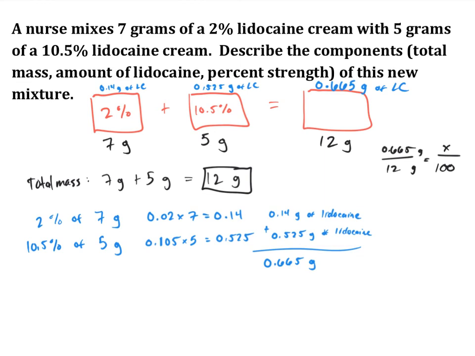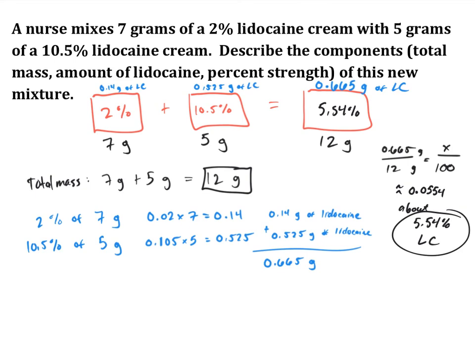So if you just do that division problem, and solve that for x, you get approximately 0.0554, which is about 5.54% lidocaine. So 5.54%, about.